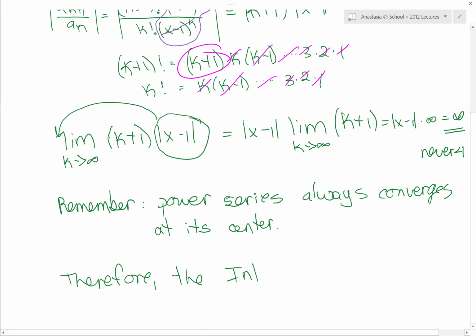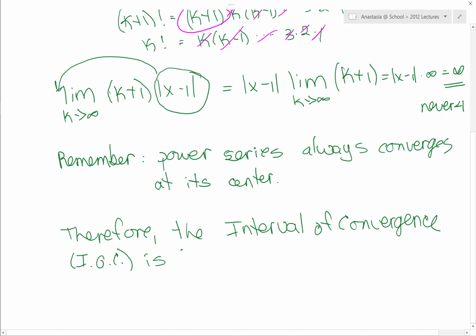So therefore, the interval of convergence, which a lot of times I like to abbreviate as IOC, and you can feel free to do that in your solutions as well, is the 1 point x equals 1.